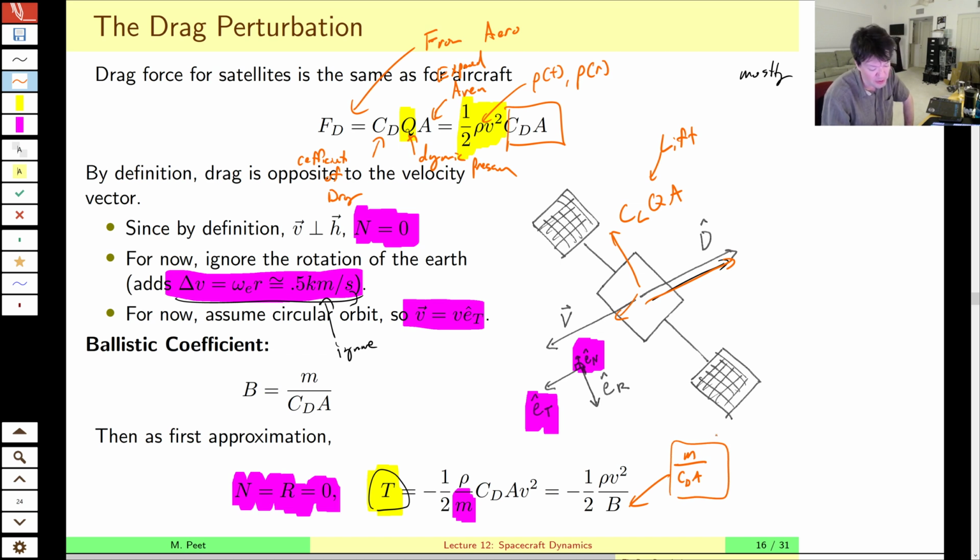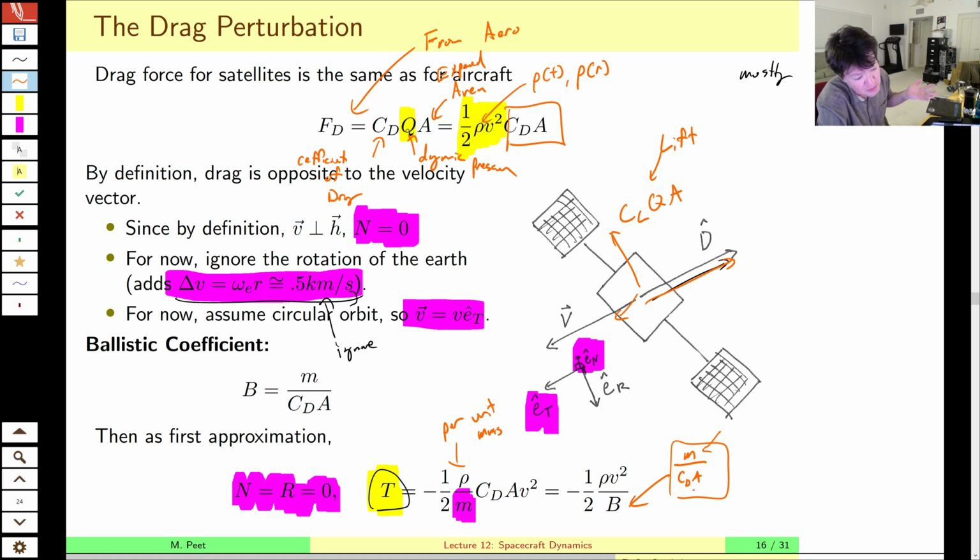So obviously, the larger the ballistic coefficient, the higher the mass to drag ratio, basically. So this is unitized per unit mass. And so now it depends on the ballistic coefficient. So the higher the ballistic coefficient, the less drag affects you. So everything we're going to be talking about will be helped if your spacecraft is more massive.